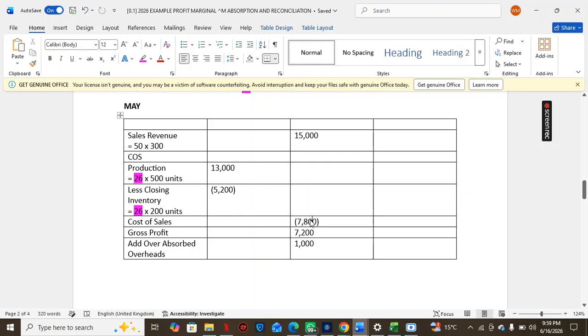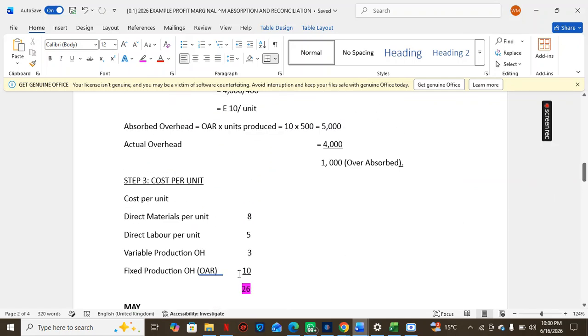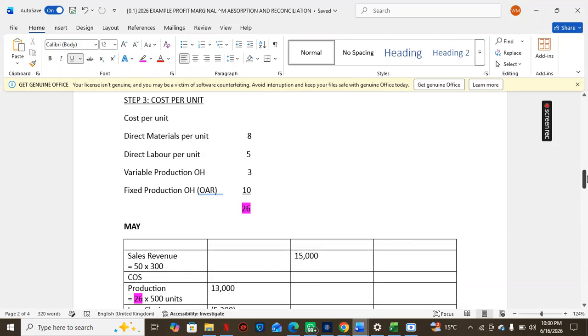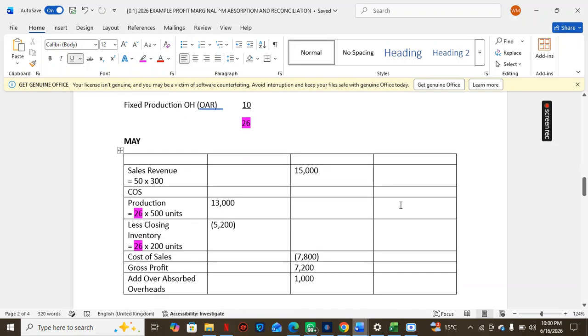Now, colleagues, keep in mind, we over absorbed and brought this 10 euros per unit into the cost per unit. So this over absorbed overhead, because you over absorb through the rate, has found itself in these costs here.